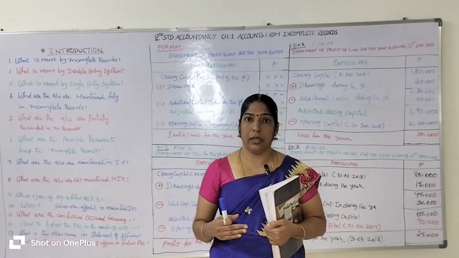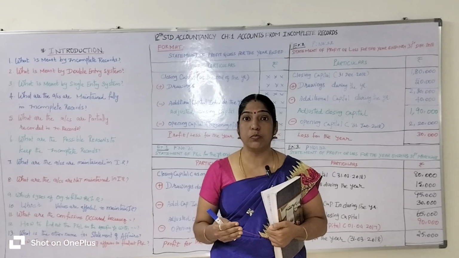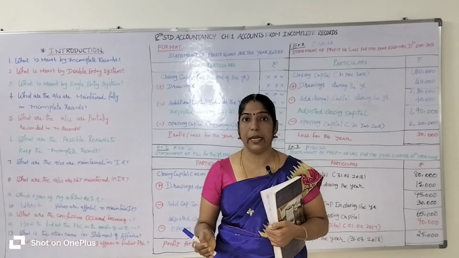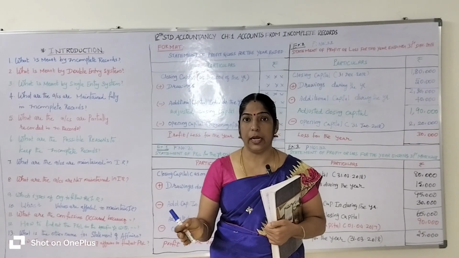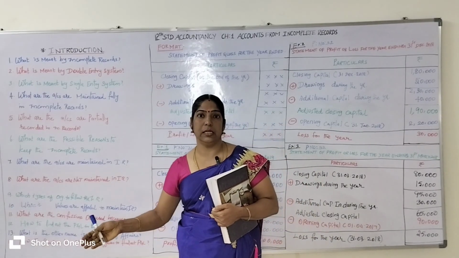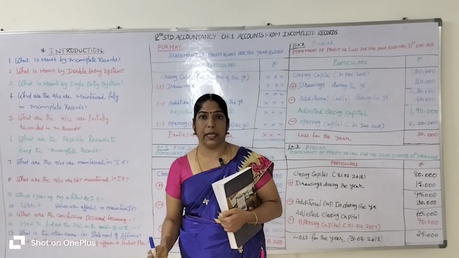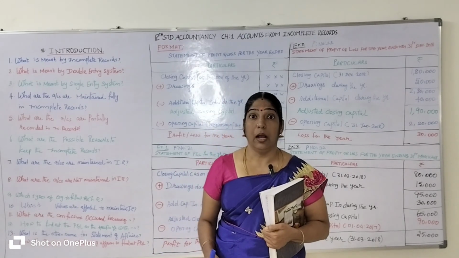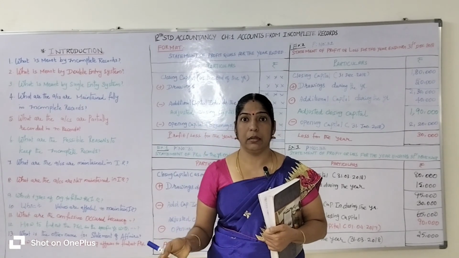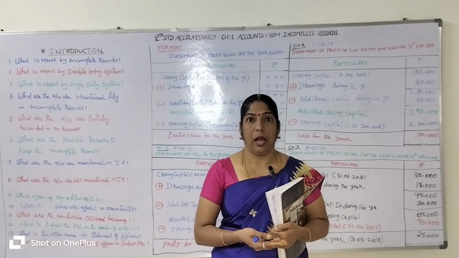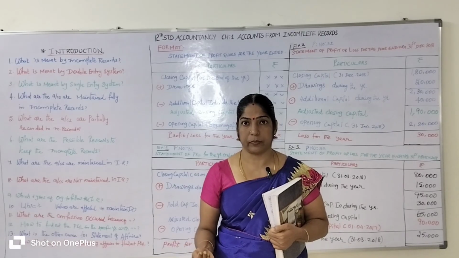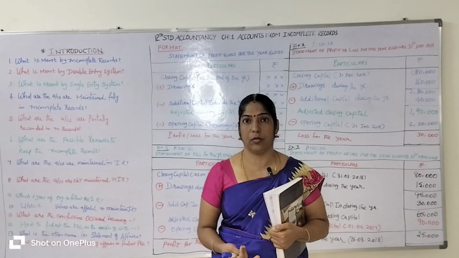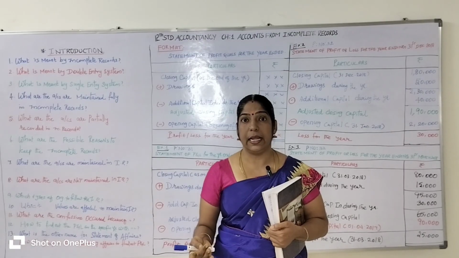Even many small shops only maintain the cash account and the personal accounts and the other accounts according to their facilities, their necessities, based on their convenience. They do not maintain the sales account, purchases account, assets and liabilities account.